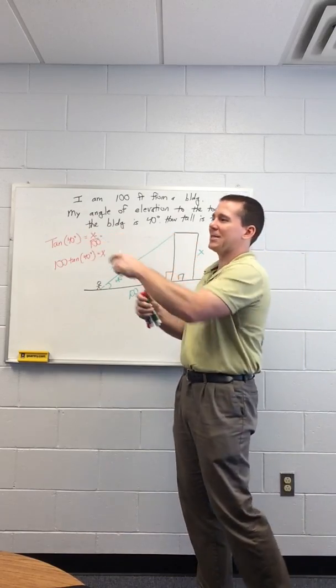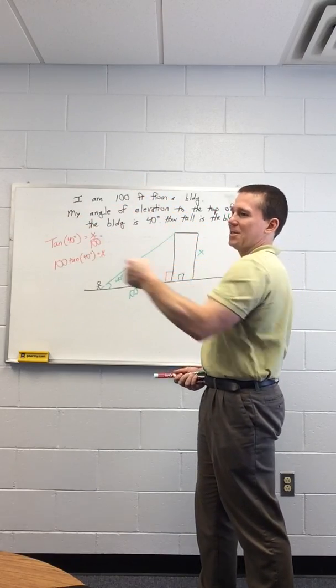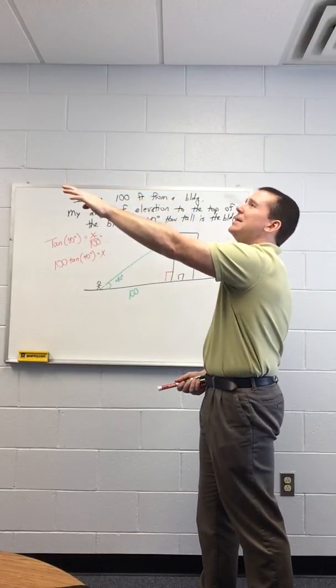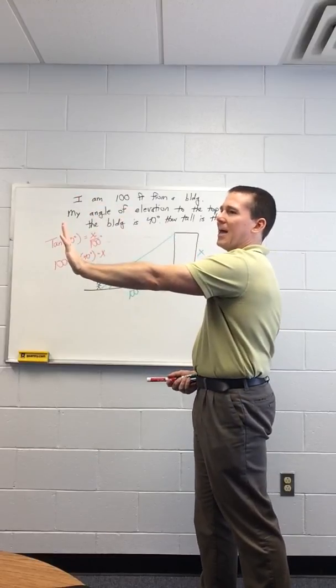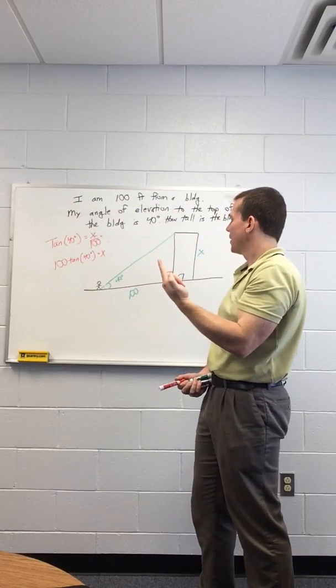Essentially, at a 45-degree angle, I'd be looking at the same vertical distance as horizontal distance. At a 40-degree angle, I'm looking slightly lower, which means I'm looking further away than I am looking up, because my vision is a little bit flatter.